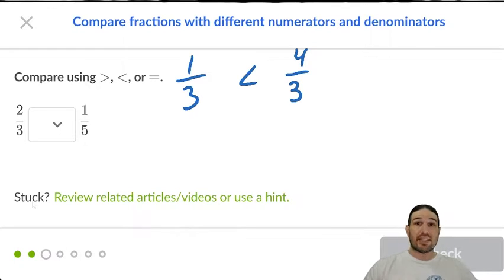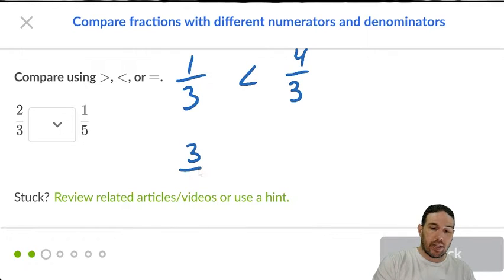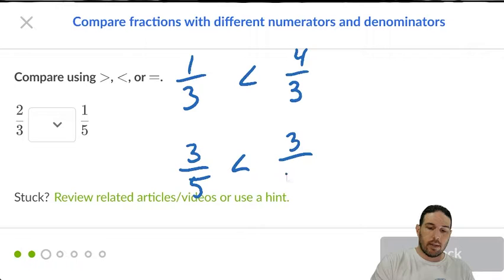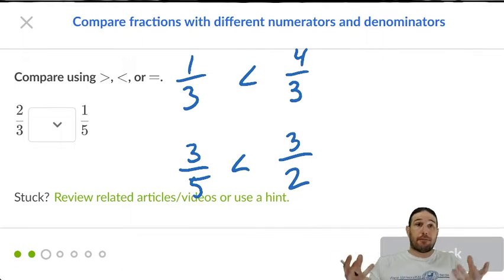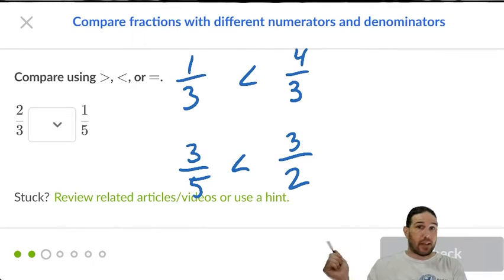If they have the same denominator, that means that each piece is the same size, then the one that has more pieces wins, right? 4/3 beats 1/3 because there's 4 of them and they're all the same size. It also works to compare denominators, right? 3/5 is less than 3/2. Because if you have 3 of one thing and 3 of another thing, halves are bigger than fifths, right?